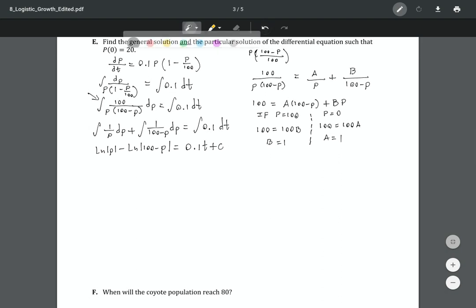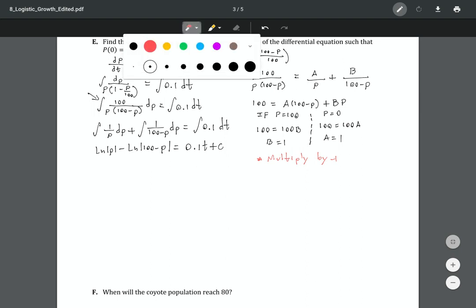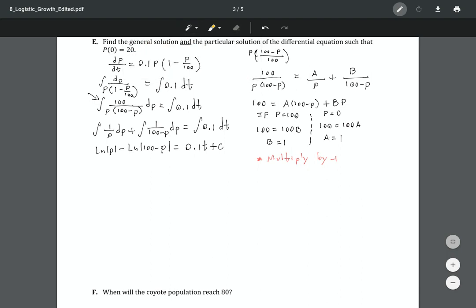All right, now we're going to multiply by -1 to make it nicer. So that's going to give me, I'm going to write this one first.